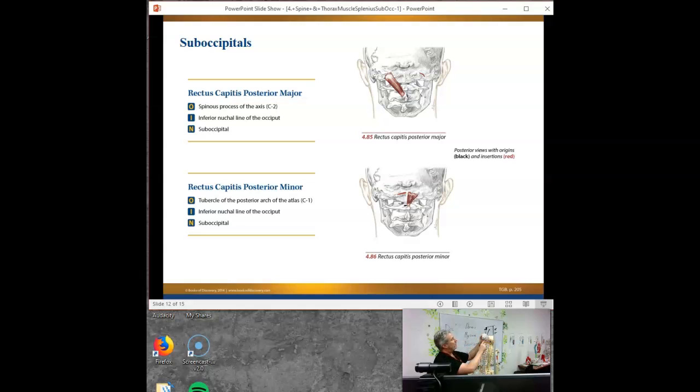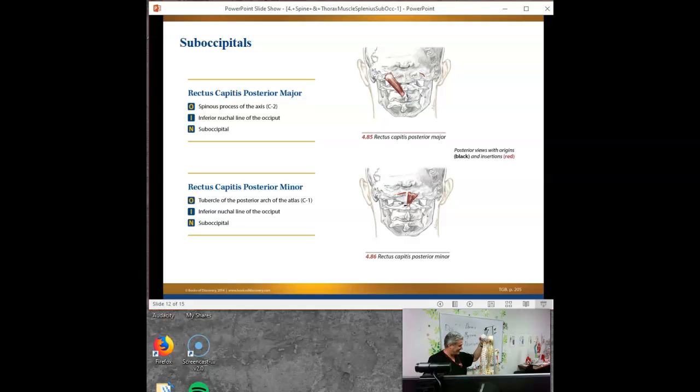What was the thing that made C1 different? Miss Felix Osuna, what is the thing that makes C1 different from all your other vertebrae? It doesn't have the little bump. You're 100% right. What do we call these little bumps?